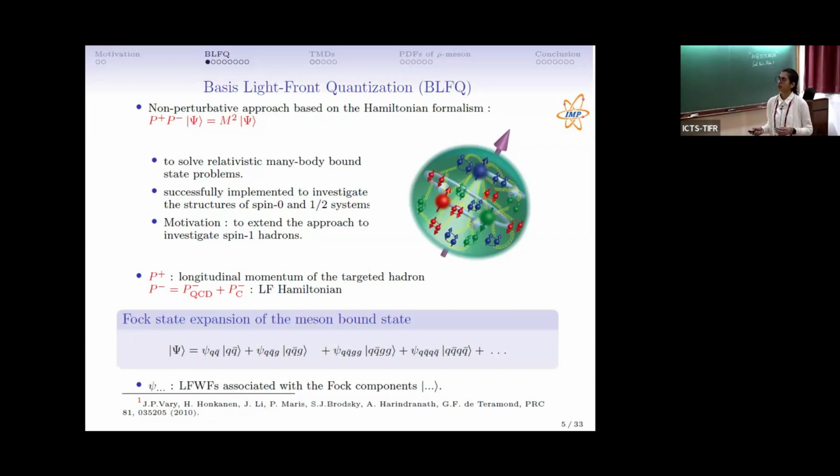So the Hamiltonian we take here is the light front QCD Hamiltonian and the confining potential. Our Fock state expansion for the meson state is for now just up to two Fock sectors, and others are truncated for now.